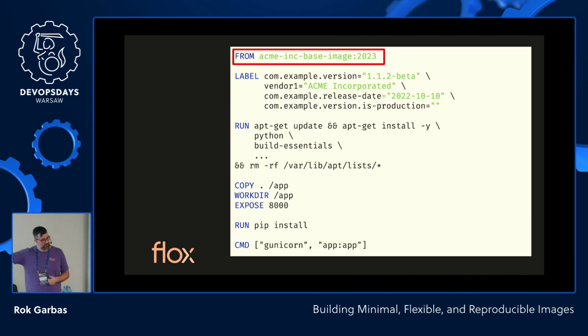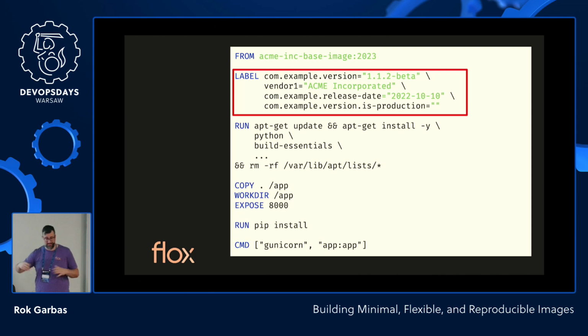So you might have to obey those rules. When you build at scale, you need to label your stuff, because when you have thousands of images laying around and building all the time, you need to be able to search and retire, delete stuff.